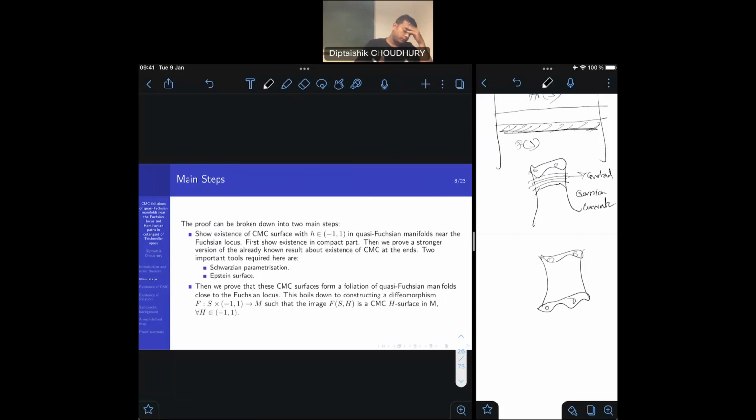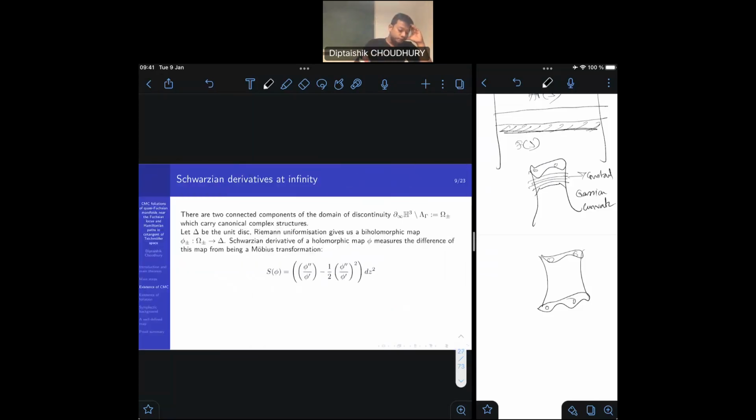This requires a bit more work using the geometric maximum principle, essentially to claim that this map is injective. Then upon showing that this diffeomorphism exists, what we prove essentially is that the manifold M is foliated by CMC surfaces.